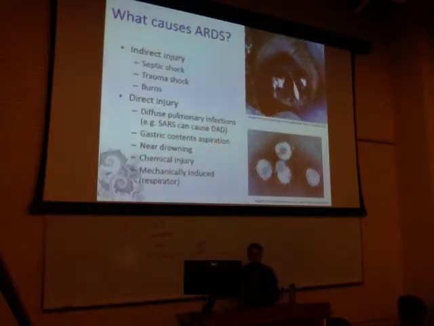So SARS, this is severe acute respiratory syndrome, and this is a direct way that it can infect the lungs. Now, why is there this picture of this little palm civet in the upper right?